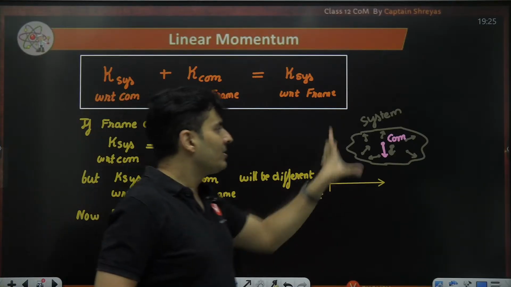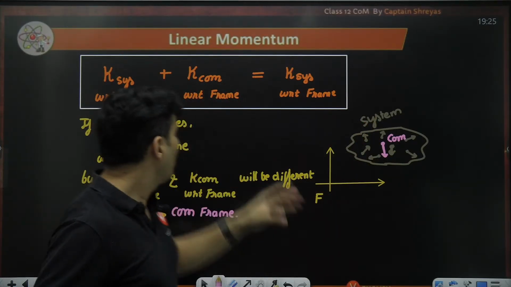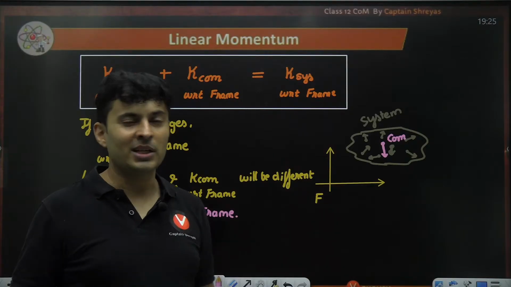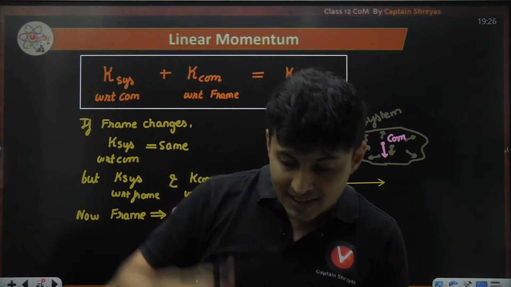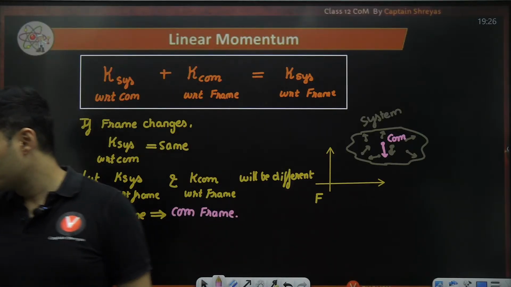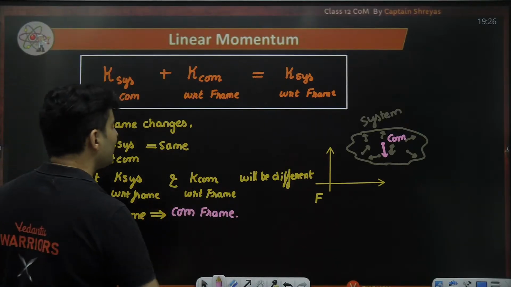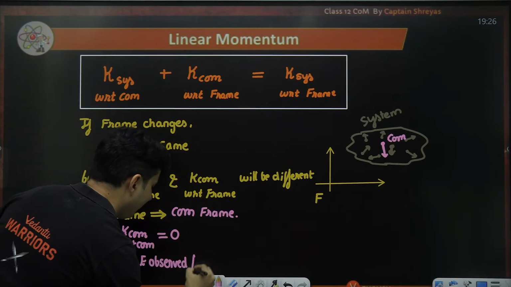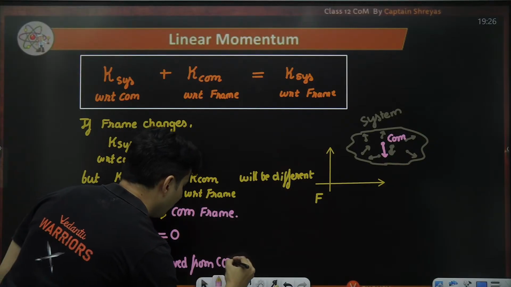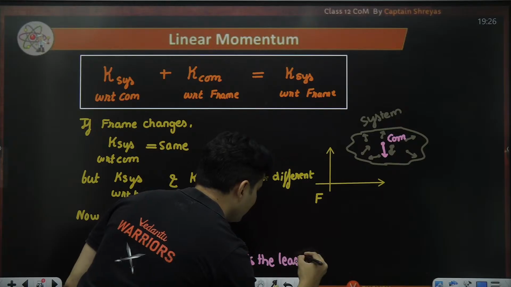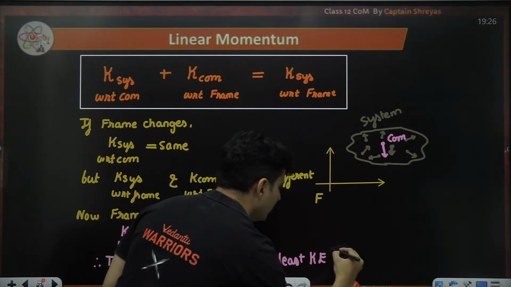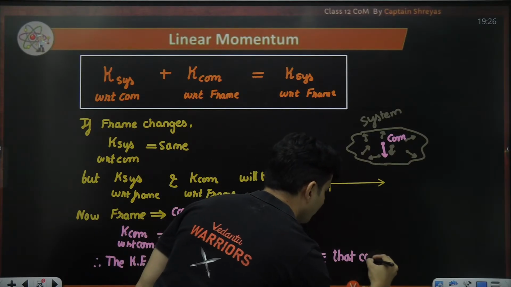It's like saying I'm sitting on the center of mass and asking what is the kinetic energy of the center of mass? 0. You are sitting on the center of mass and asking its own velocity. It is going to be 0. So that is the reason why the frame of the center of mass gives the least kinetic energy that can be observed.